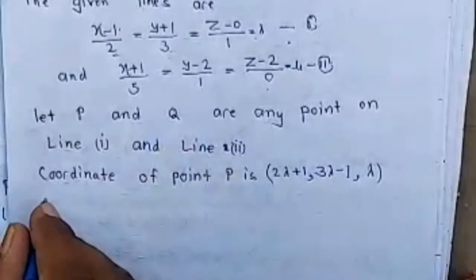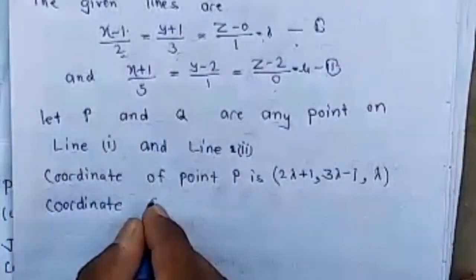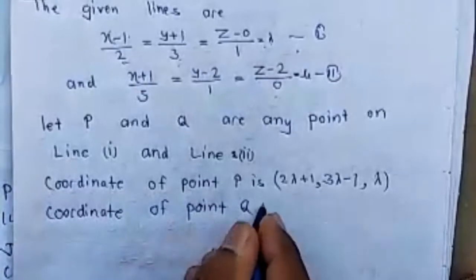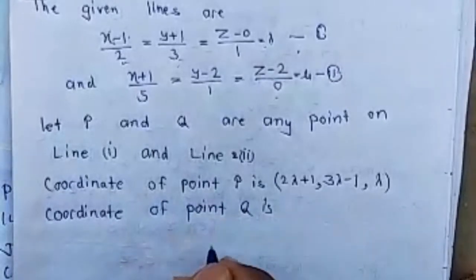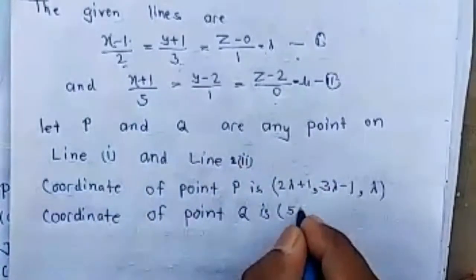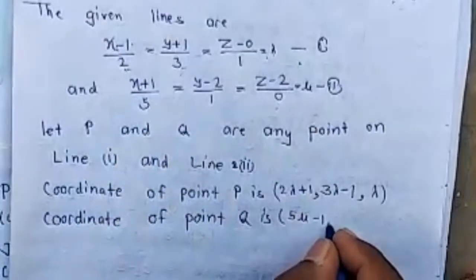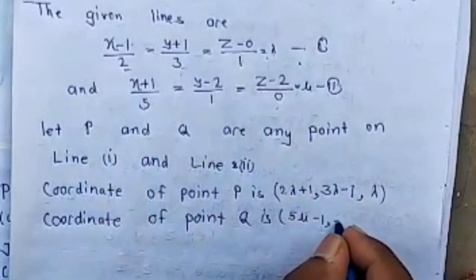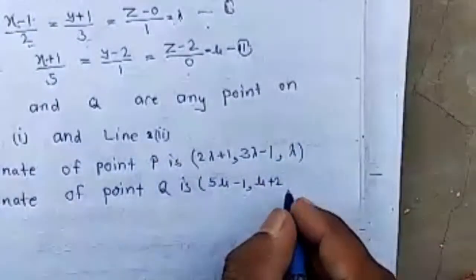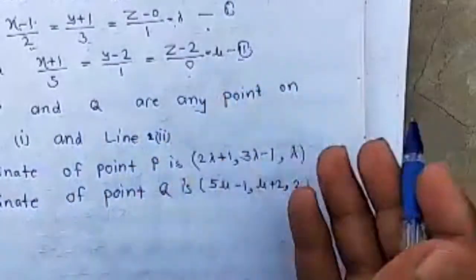The coordinate of point Q is (5 mu minus 1, mu plus 2, 2), since 0 into mu plus 2 is 2.